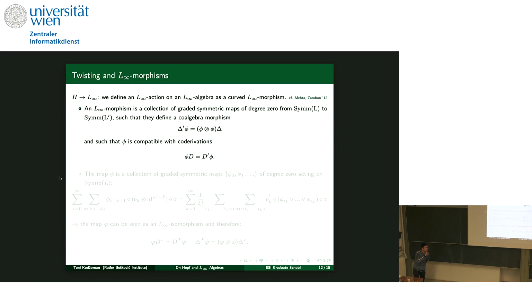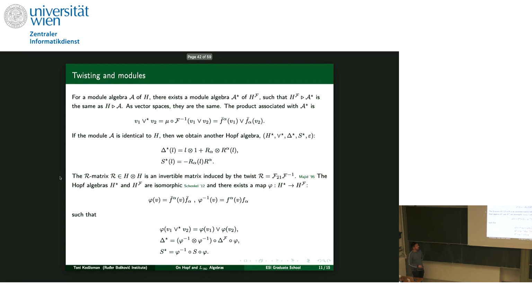Now, this is the super interesting part. On the level of L-infinity algebras, the co-derivations are related in the following manner. But these L-infinity algebras are also Hopf algebras. We saw previously that, due to being Hopf algebras and being isomorphic, the two co-products must satisfy this relation.